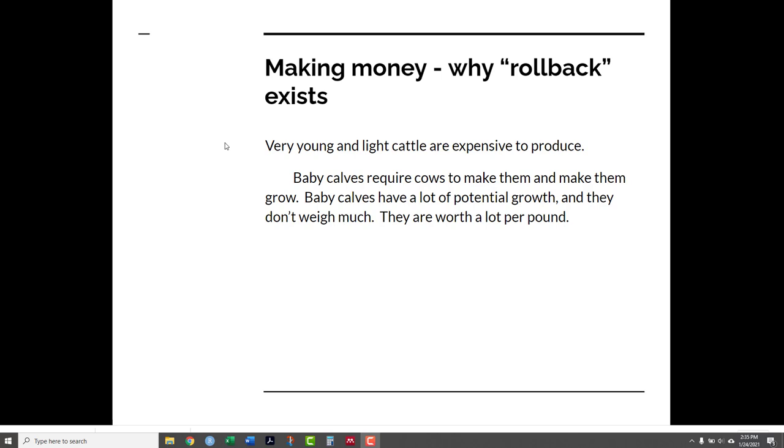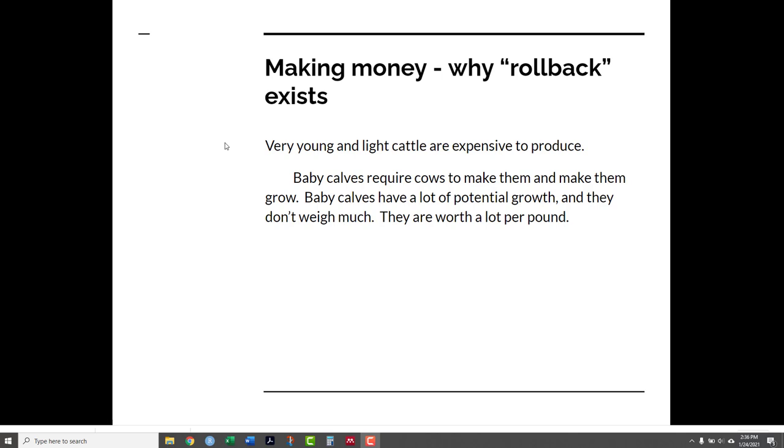If you think about what it takes to produce a baby calf, the lightest, youngest animal you can have, a baby calf requires a cow to make them and to raise them. Baby calves have a whole lot of potential growth, and they don't weigh very much. So they have a lot of potential in front of them. It basically costs maintaining a cow for a whole year to make a baby calf.